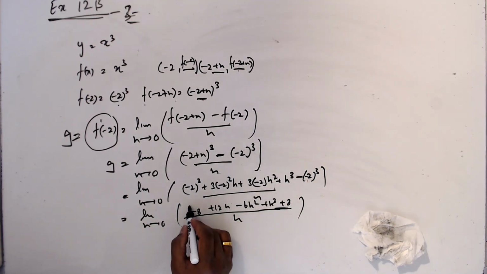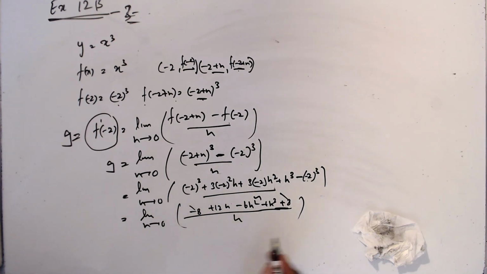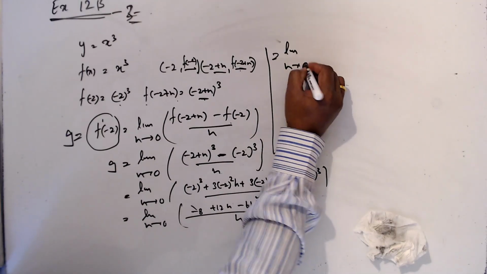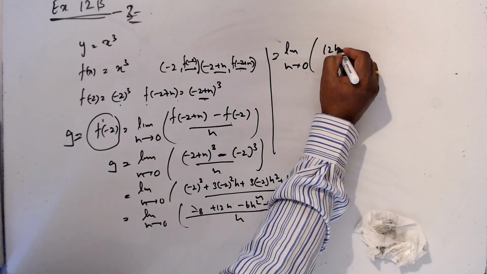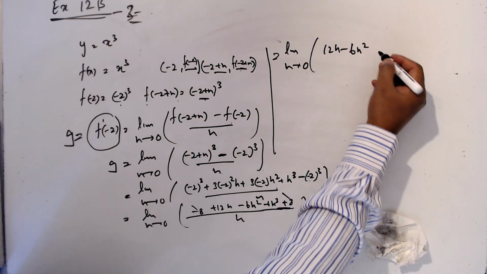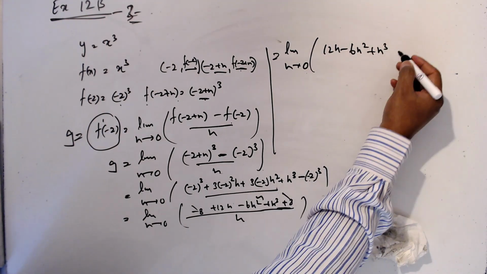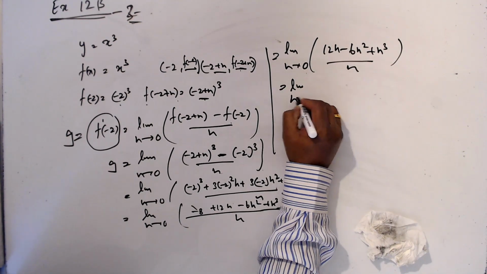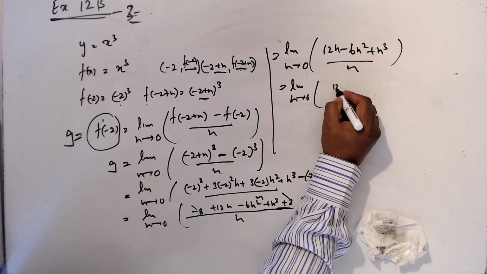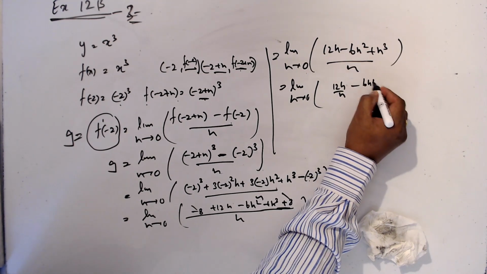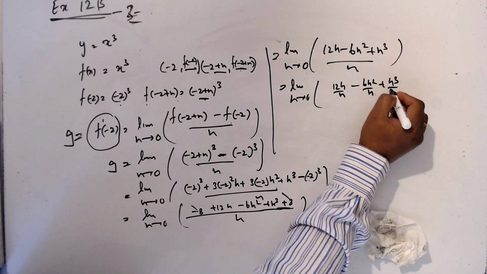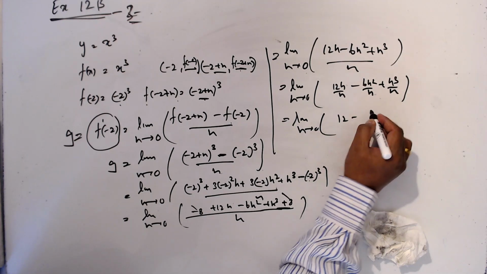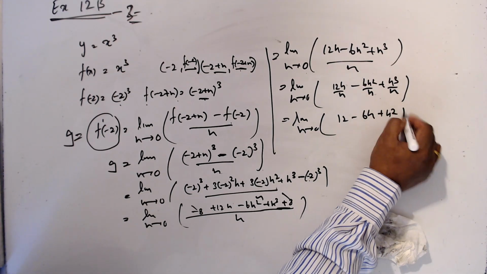So this one and this one cancel out, and the remaining is the limit as h goes to 0 of (12h − 6h² + h³) over h. Now the limit as h goes to 0 of 12h over h, 6h² over h, then h³ over h. So the limit as h goes to 0 of 12 − 6h + h².